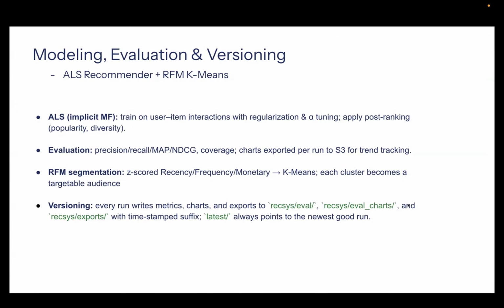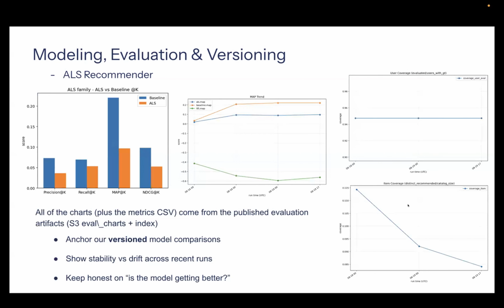Next slide, please. Here we show the ALS versus baseline at K and the trend lines across the last few runs. The honest read is our baseline popularity is still outperforming ALS on MAP and NDCG in this snapshot, which is not unusual on short-horizon baskets with strong head products.